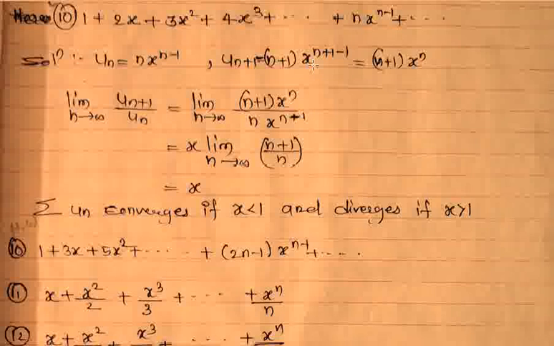Half x plus x squared plus 9 by 8 x cubed plus x to the 4. Here un is going to be n squared x to the n divided by 2 to the n (n plus 1). So you check by d'Alembert, un plus 1 divided by un.